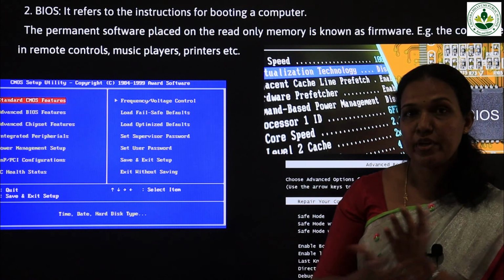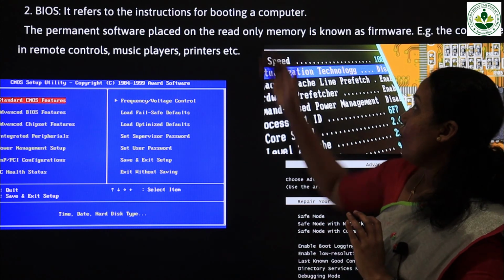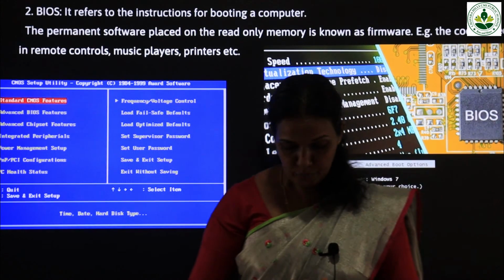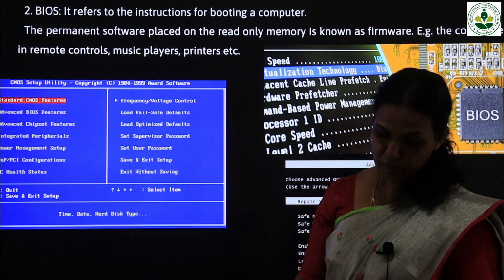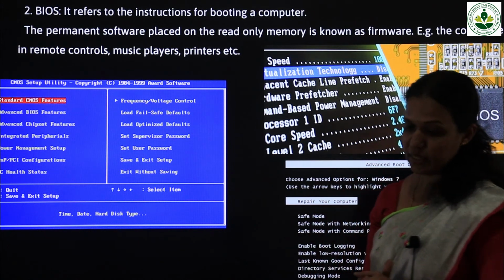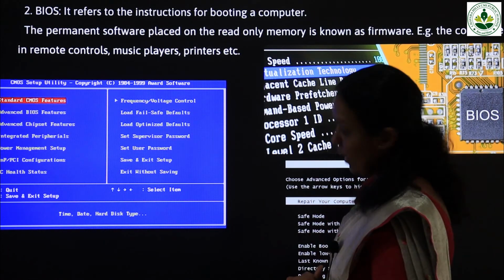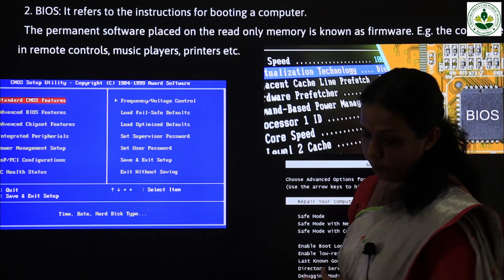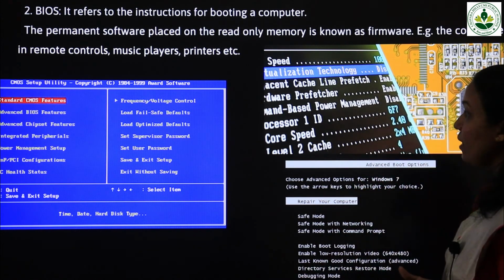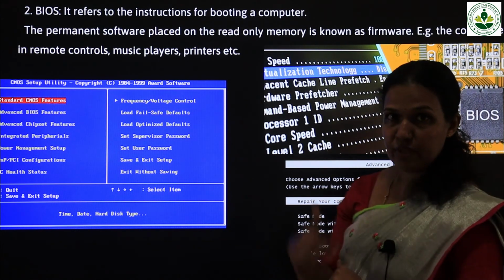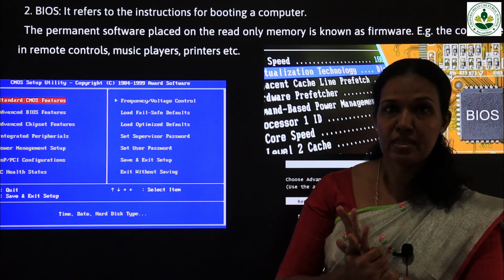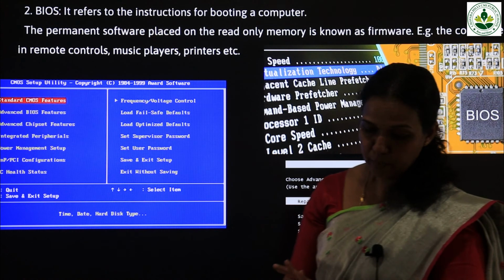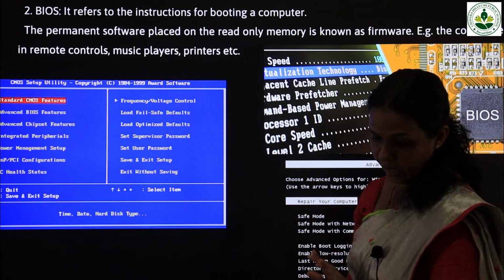It is a set of instructions for booting a computer, located on a chip on the motherboard inside the computer, and it is designed to protect the computer from any disk failure.